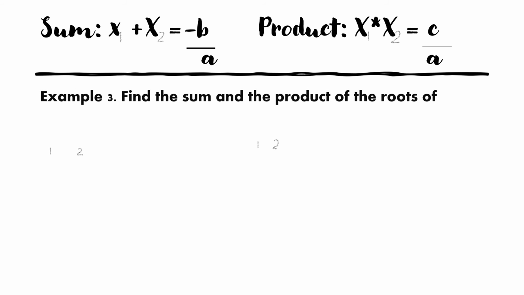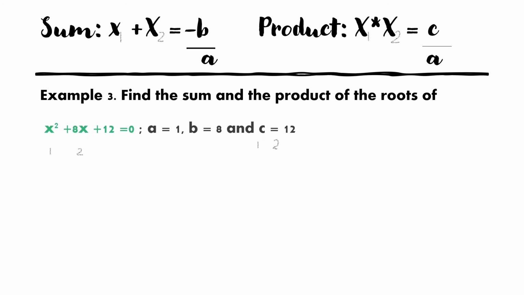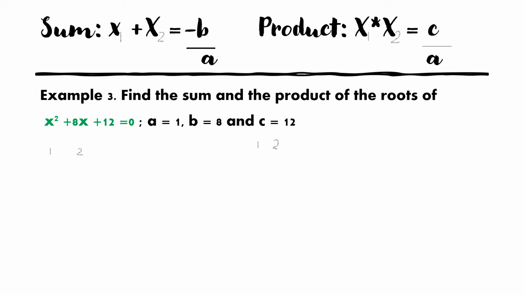Now, balikan natin yung example number 3 natin. Yung example number 3 natin, x squared plus 8x plus 12 is equal to 0, na kung saan ang sum of the roots is negative 8. At yung product of the roots naman ay 12. Tingnan yung maigi. Napansin nyo, yung negative 8, tingnan nyo yung kinalaman niya doon sa middle term. Pareho silang 8, kaso ito ay positive, ito ay negative.